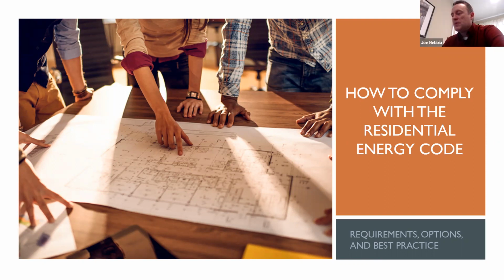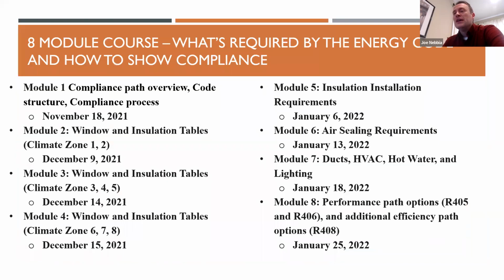It's always a pleasure to be here talking to EEBA and your partners. So we're going to get started today and talk about Climate Zones 3, 4, and 5, excuse me. And if you're interested in other climate zones, join us tomorrow for 4, 5, and 6, or catch the recording. As Aaron mentioned, we'll also be doing other modules.